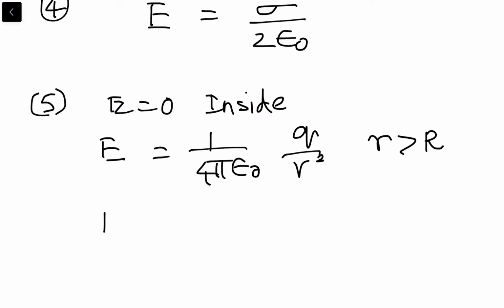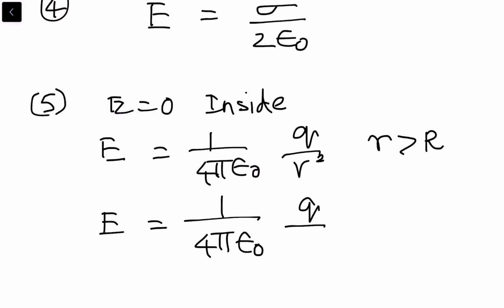If it is exactly on the surface of the spherical shell, it is 1 by 4 pi epsilon naught times q by capital R square, where capital R is the radius. So this is for inside, this is for outside, and this is exactly at the surface.